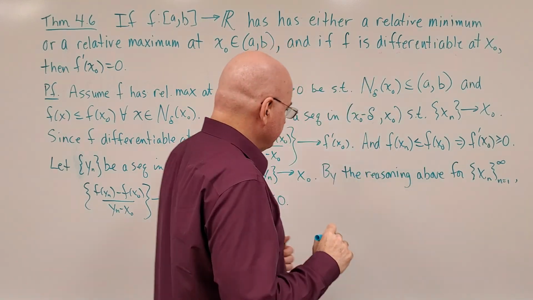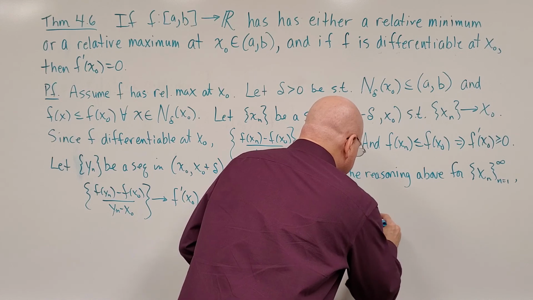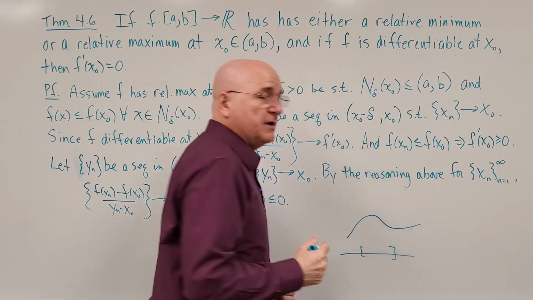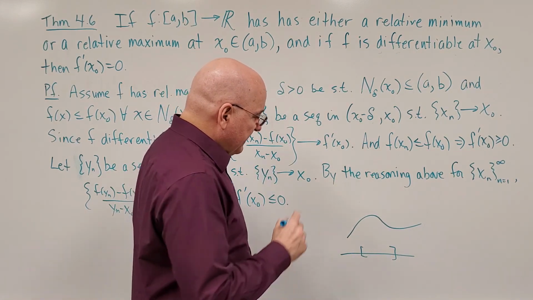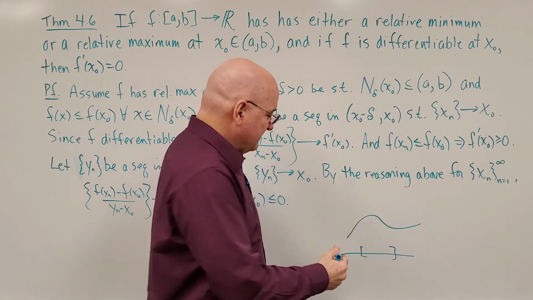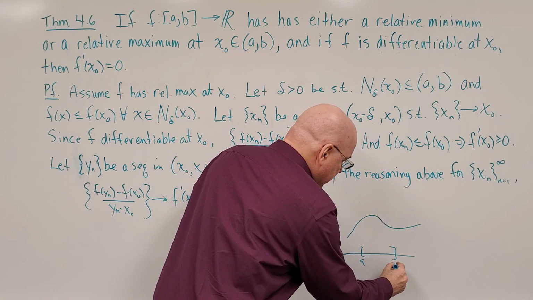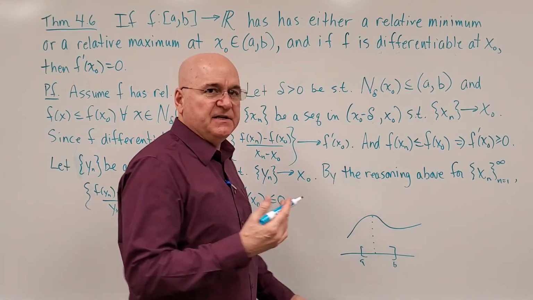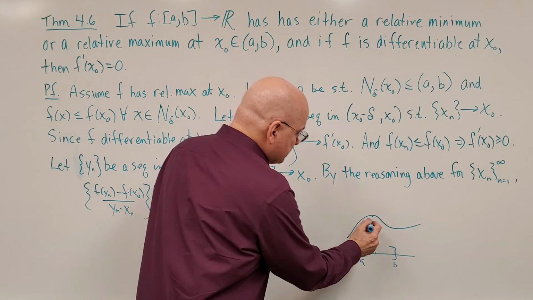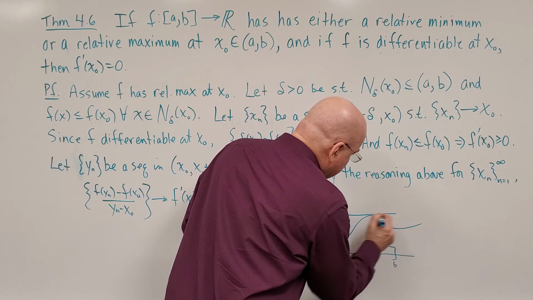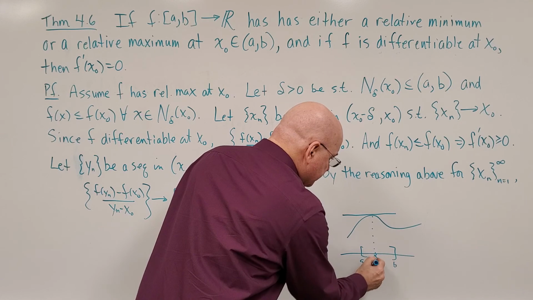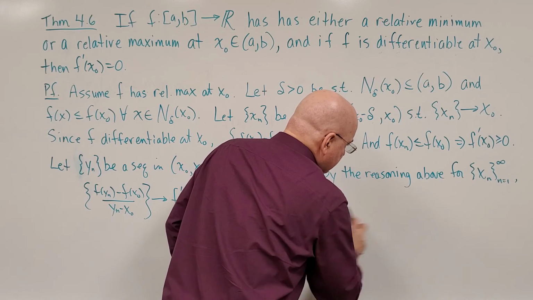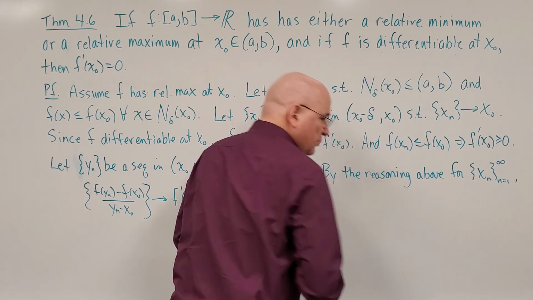And really all that we're going to show is that if the function is defined on a closed and bounded interval, and if you take an internal point, not the endpoint, not the A or the B, but if the maximum happens to occur at an internal point, then it's going to be the case where the tangent line at this point, say x naught, will be horizontal. Or the slope of the function at that point will equal 0.